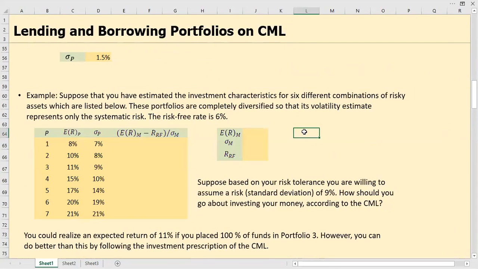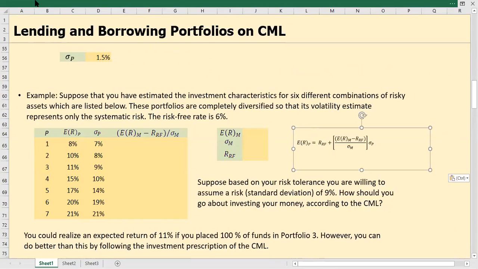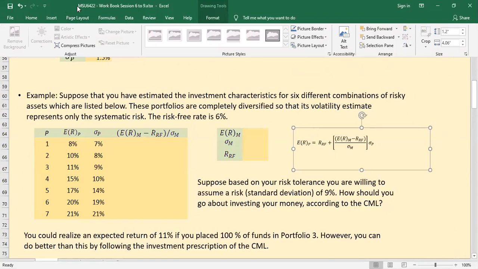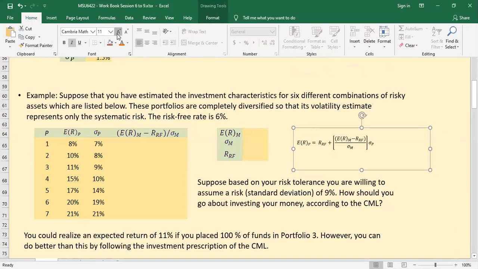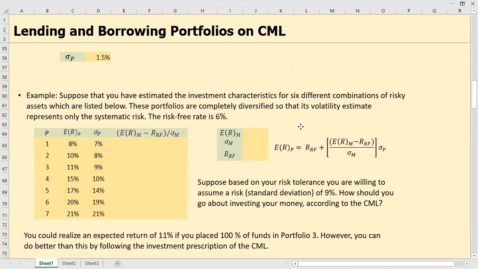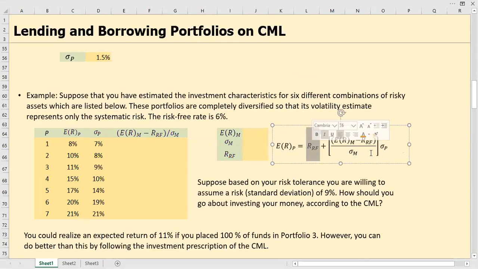Right, so this particular equation here, can you all see that? Yes. In this particular equation, what I am going to do is calculate this slope part of the equation. The other two you already know: this is the risk-free rate and this is the standard deviation of the portfolio.